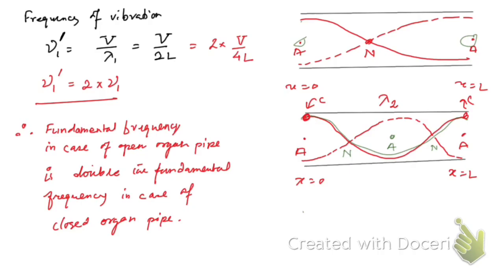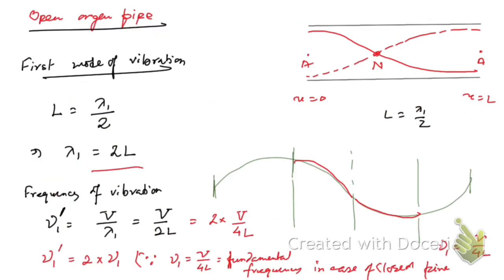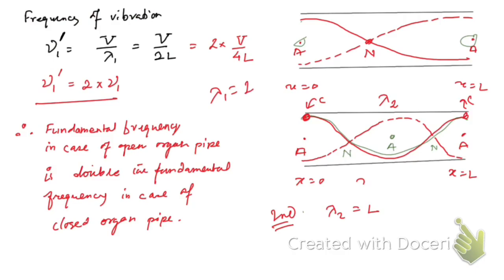Here the wavelength is, suppose, lambda 2. So for the second normal mode of vibration, lambda 2 will be equal to L. In the first mode, lambda 1 we had got was twice L. Now lambda 2 is equal to L, right?